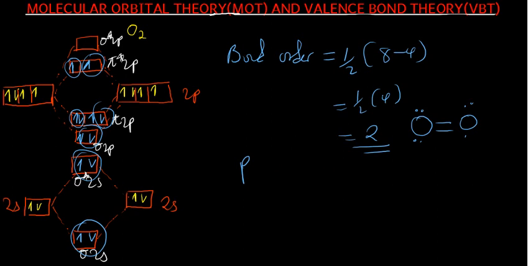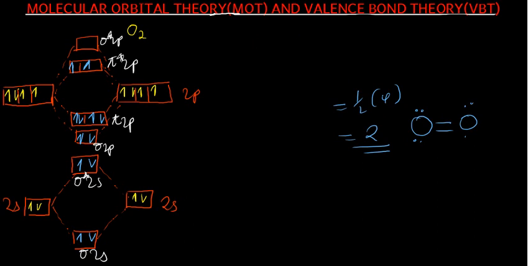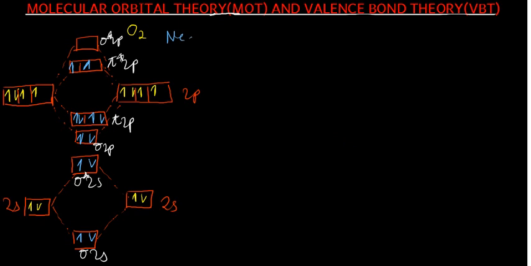Alright, so let me look at nitrogen. Remember I said anything else apart from this kind of orbital diagram I've shown here, which is for neon 2, oxygen 2, and fluorine 2, is going to change.